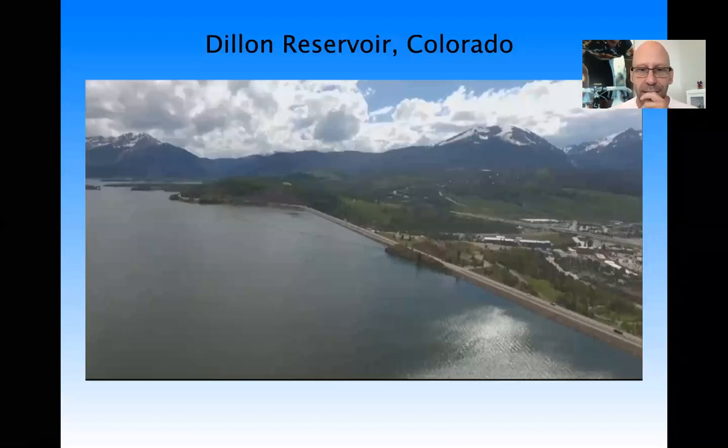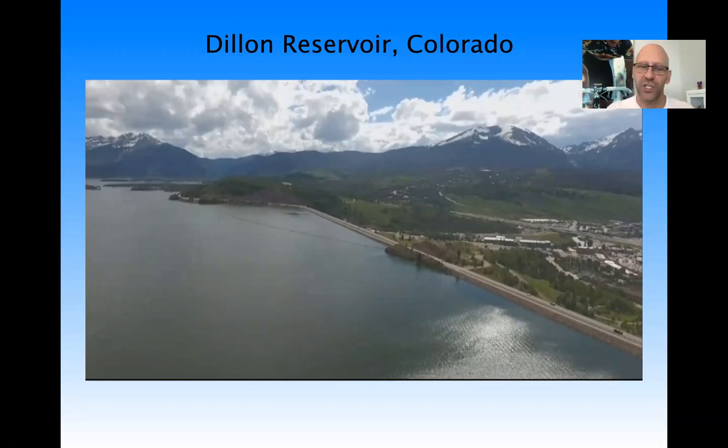So this is a picture I mentioned of Lake Dillon. I used to live right at the bottom of that dam. Lake Dillon is a reservoir. So when you build a dam, there's always a function of the dam. People don't build dams just for the sake of building a dam. There's always some function.